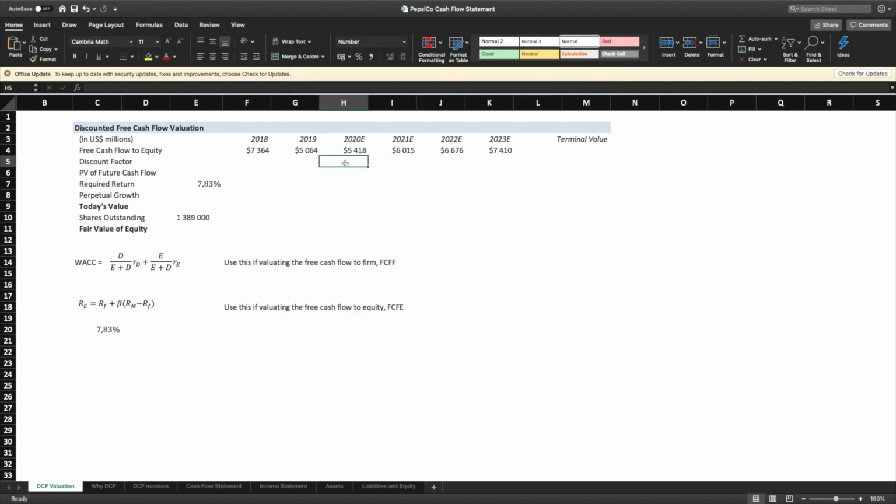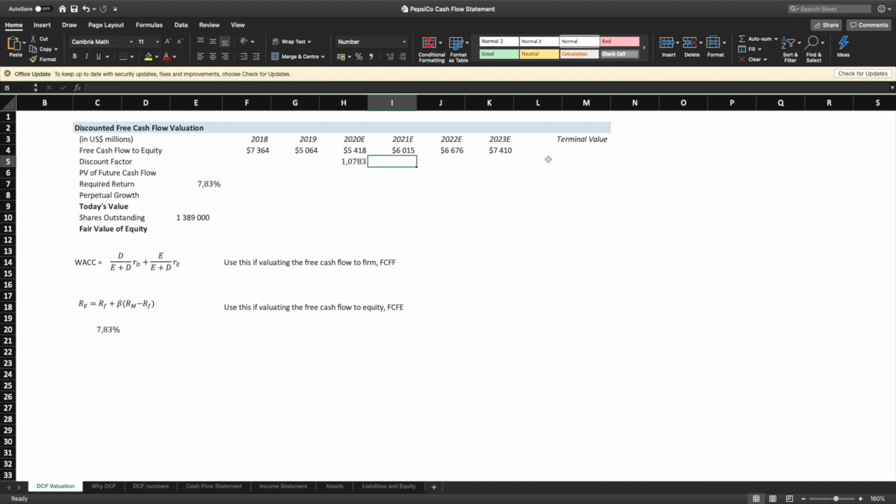Perfect. So for the first year, 2020, which is our first year that we're going to discount, we can simply make that equal to 1 plus our required return. And the discount factor is, of course, 1.0783.